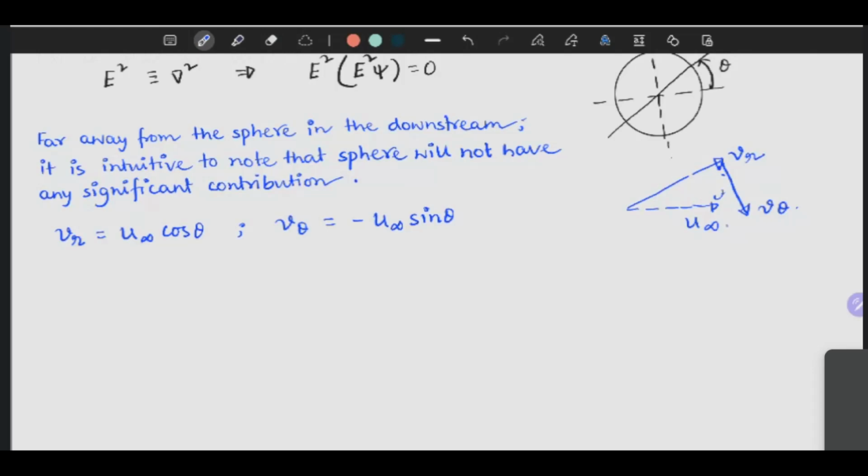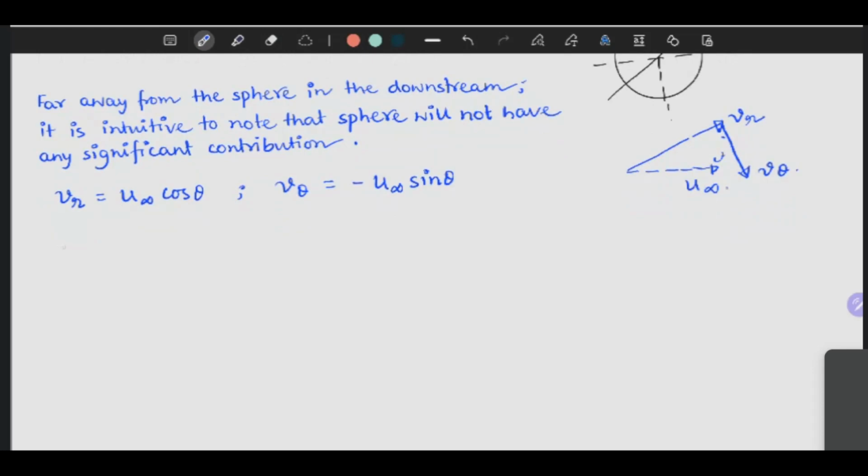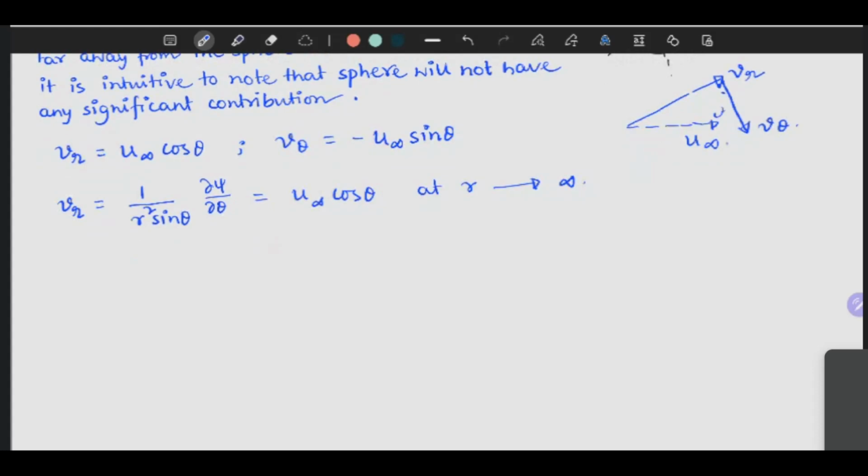Okay, so now you can get some idea how to do this. So the Vr will be 1 by r square sin theta delta psi delta theta. From there you can get u infinity cos theta at r tends to infinity, far away.